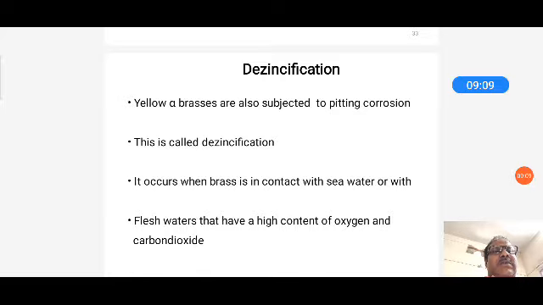It occurs when brass is in contact with seawater, or with fresh waters that have a high content of oxygen and carbon dioxide. Especially when yellow alpha brasses contact seawater, that is chloride water, or water containing high oxygen and carbon dioxide, dezincification takes place. It is also known as pitting corrosion.